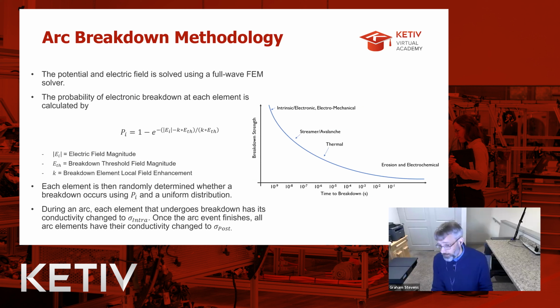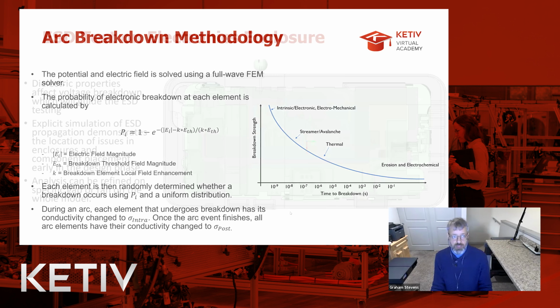So typically for arc breakdown, we're looking at solving this Paschen equation in terms of electronic breakdown. Each of the finite elements, this is calculated, and then we can calculate arcs and model those.